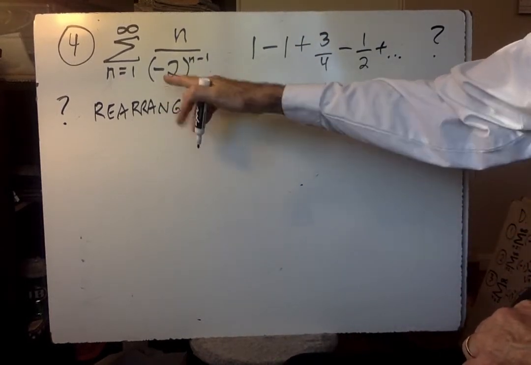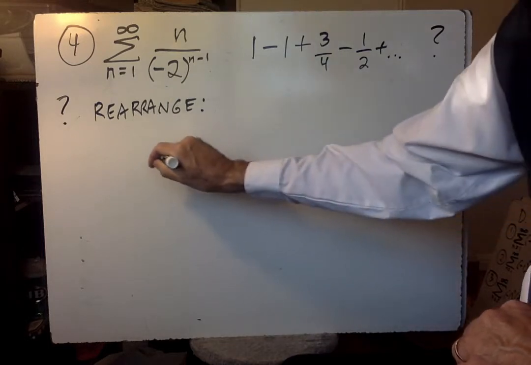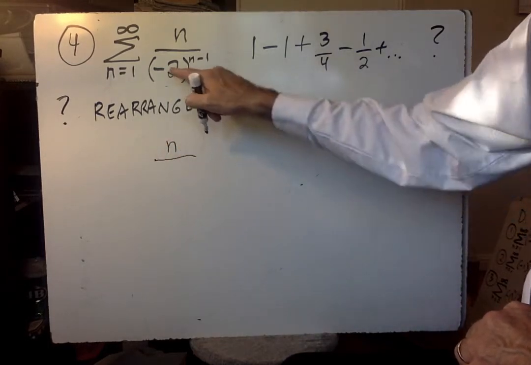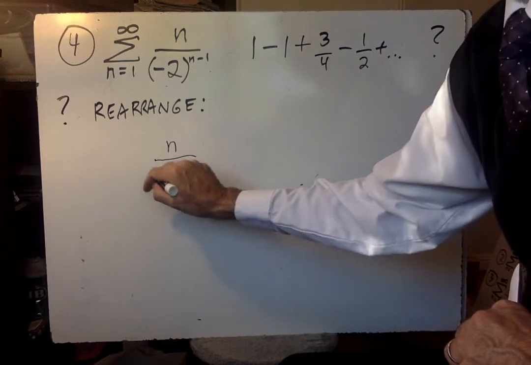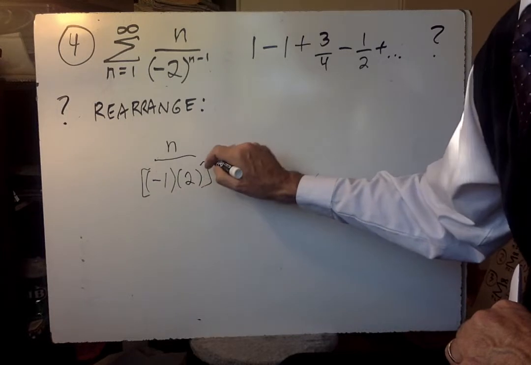It's not standard to write alternating series like this, so let's force it into standard alternating series form. Take what's in the bottom and write it as -1 times +2 to the n minus 1.